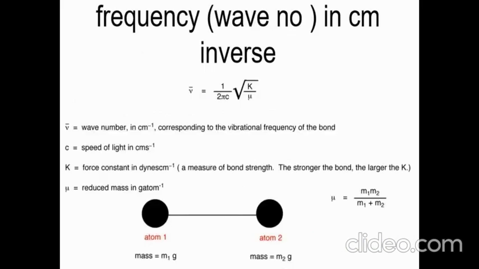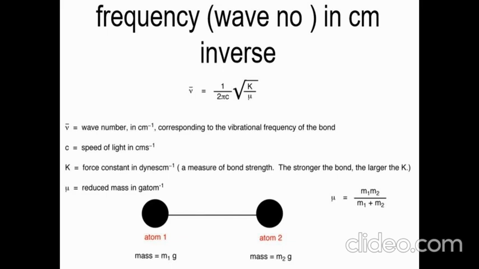So in place of frequency, Hooke's law can also be expressed in terms of wave number, which means Hooke's law can be expressed in two forms: one is the frequency form, another is the wave number form. Let us see what modifications there are if it is expressed in wave number. In that case nu bar, the wave number, is equal to 1 by 2 pi c under root of k by mu.